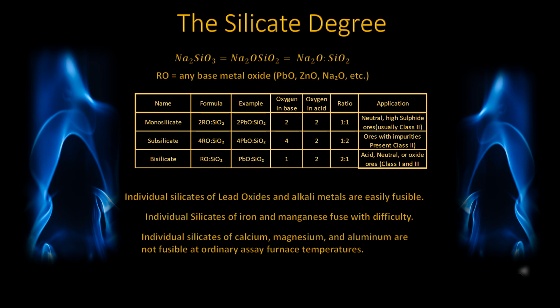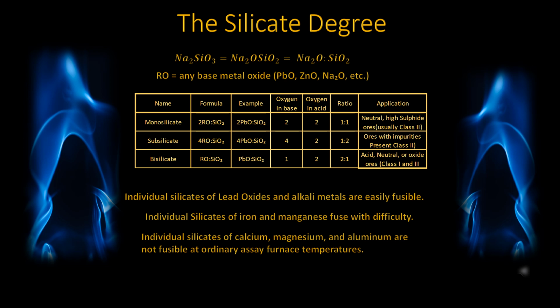In many textbooks, you will see the term RO. R, in the formula's context, refers to the base metal, and the O represents the oxygen atom. As shown in the table, the lead oxide is just the sample used. However, it could be zinc, iron, aluminum, and so on.